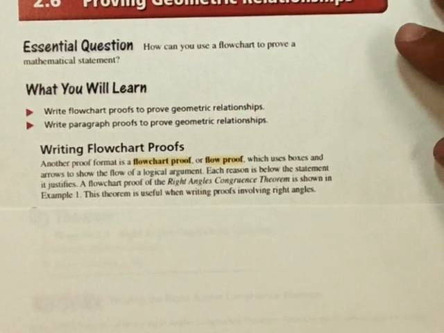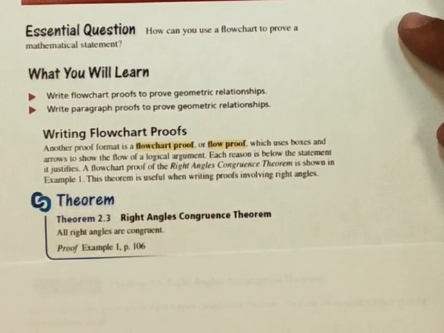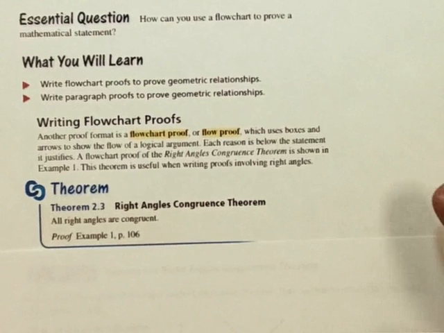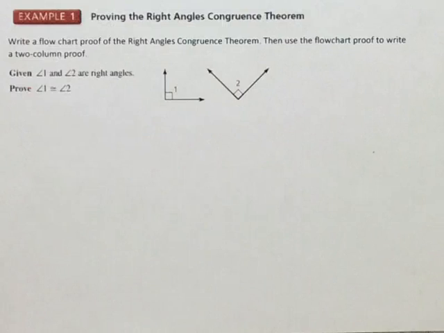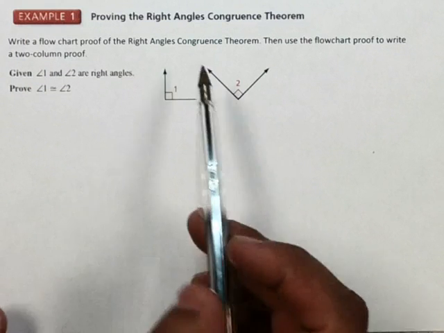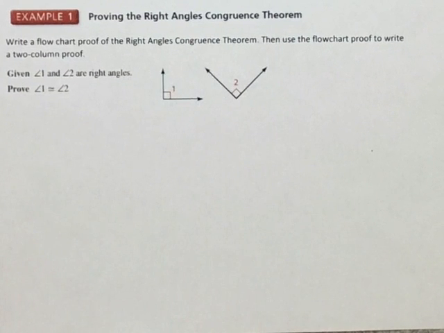We're going to start off with proving the right angles congruence theorem. It says basically that all right angles are congruent. So here's our first example, the right angles theorem, and we're just going to create this chart using what's given to us.